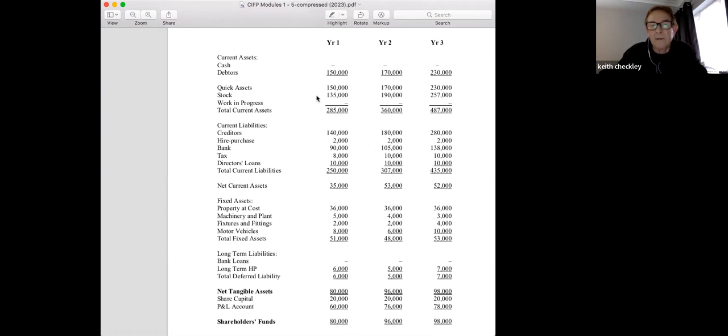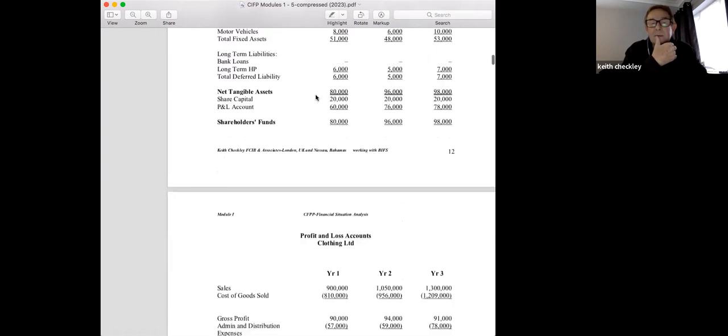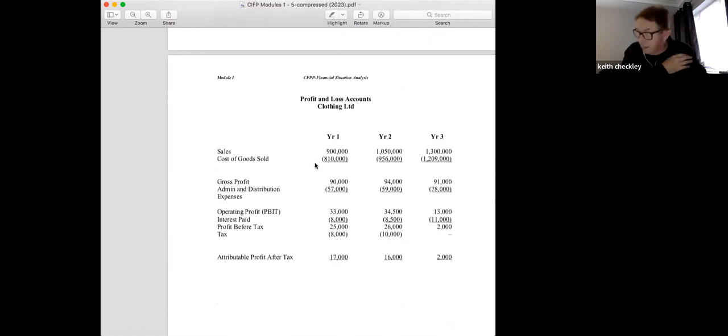There it is, $135,000, divided by cost of goods sold, 810,000. Multiply again by 365. And I get 61 days for the stock turnover. Dimitri's agreed that, thanks. So 61 days for the stock turnover.